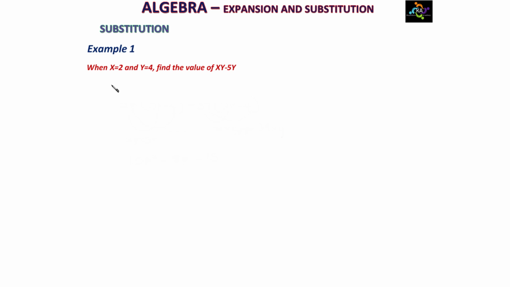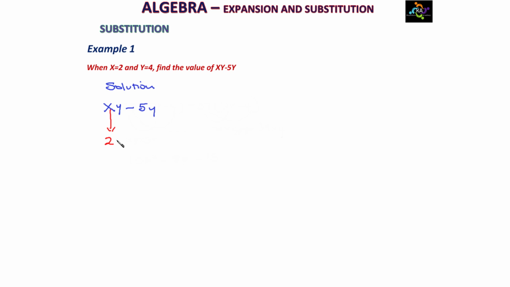Now we bring it out. This is our expression: xy minus 5y. Now what is the substitution we are looking into here? Since we are given x is equal to 2 and y is equal to 4, your x is 2.